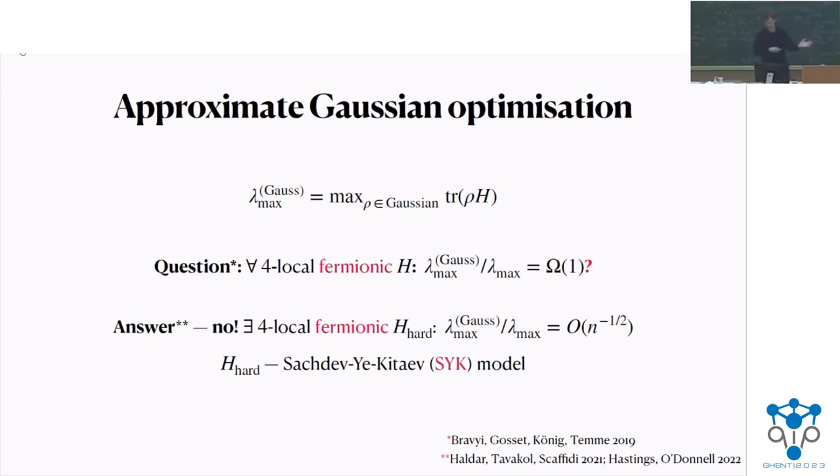So physicists care about it a lot. It was tried in two papers, at least, by Halder, Tavakol, and Scafidi, and also Hastings and O'Donnell did this. They considered Gaussian approximations for this model, and they proved that Gaussian states perform very poorly.